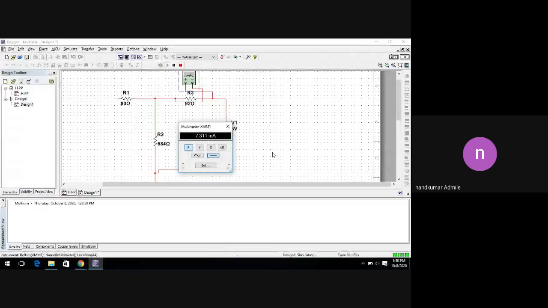So tell me the formula for H11, how to calculate H11. What is the formula for H11? Who can tell? Do you remember the formulas for the H parameters? The four H parameters, H11, H12, H21 and H22.